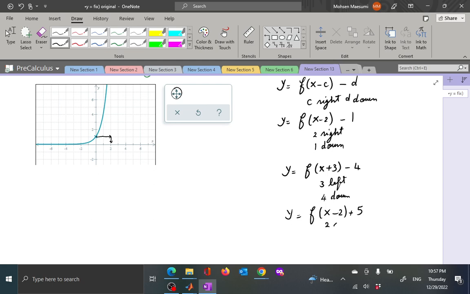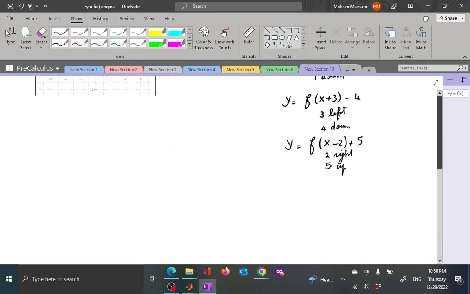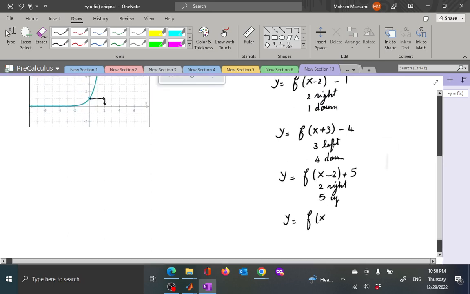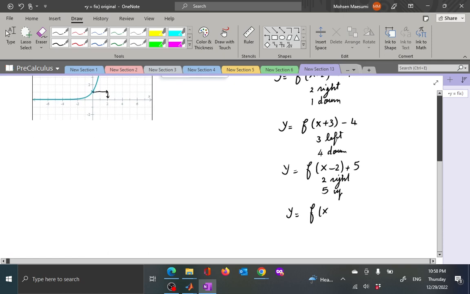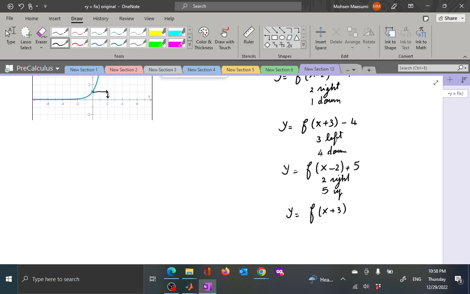It means 2 to the right and then 5 up. Then one more example, y is equal to f of x plus 3, and then say plus 7. What does this mean? This means 3 to the left and then 7 up.